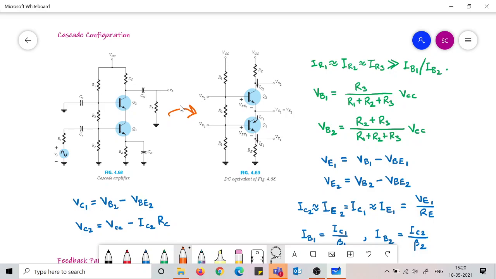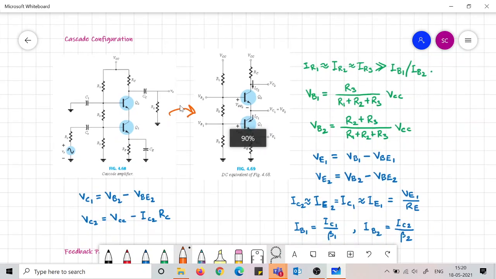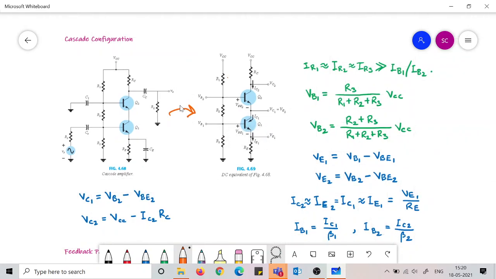Here we have to find out this IC2, and there is some approximation we have to first employ. The approximation is that these currents IR1, IR2 and IR3 are almost equal, because they are much greater than IB1 and IB2.